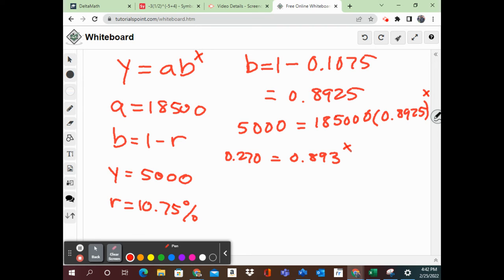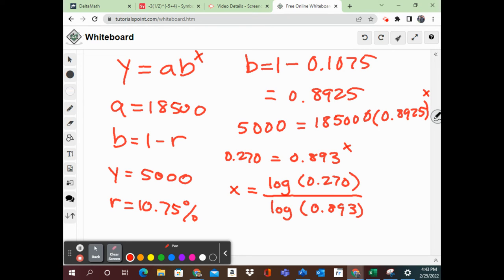So again, once we take the log of these two functions, we'll have the log of 0.270 divided by the log of 0.893. And once we take the logarithm of both of those, then we will have our answer.